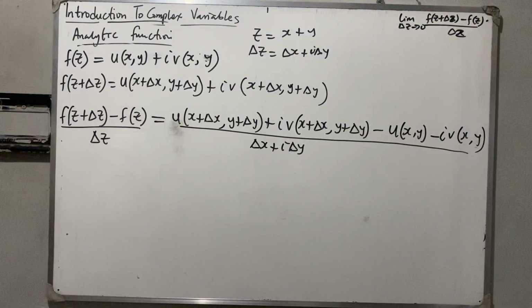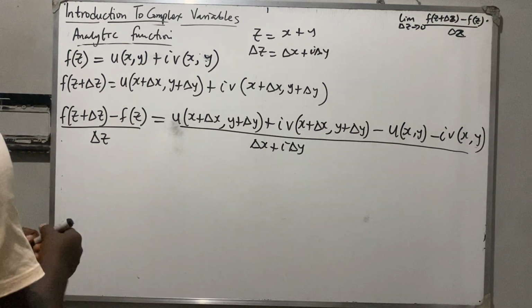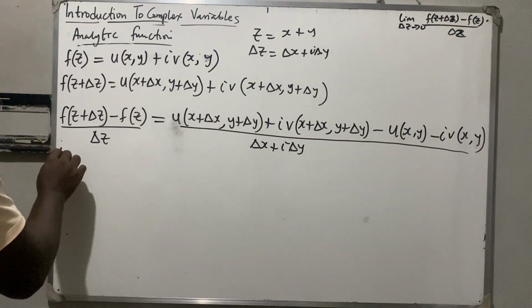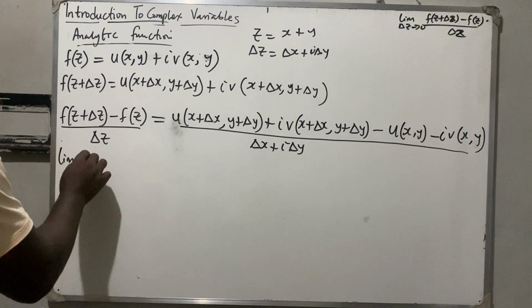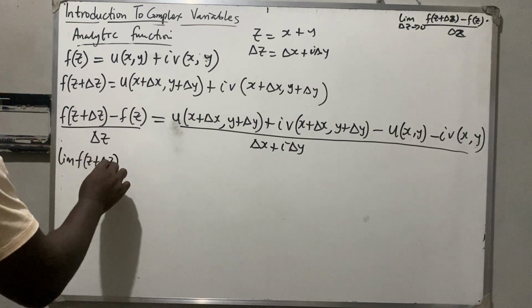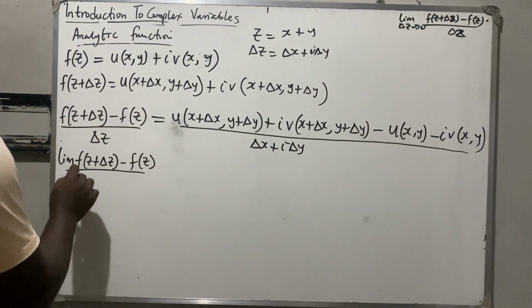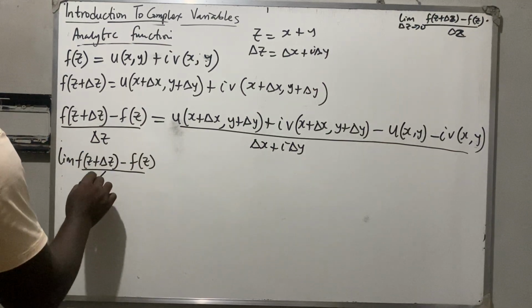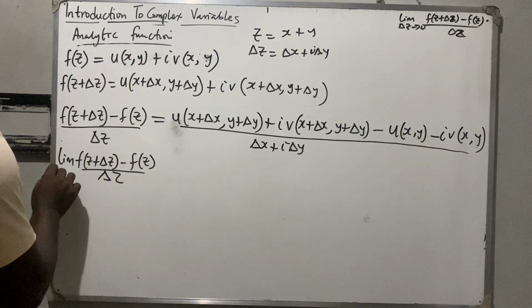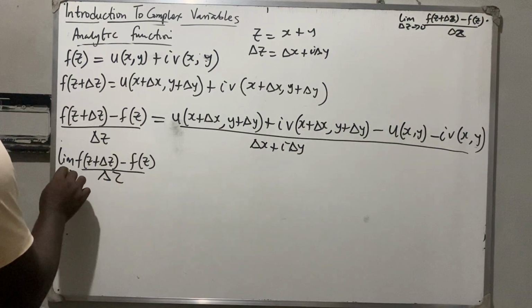We're going to take the limit as delta z tends to 0 on both sides. So I'm taking the limit of f of z plus delta z minus f of z, all over delta z as delta z tends to 0.